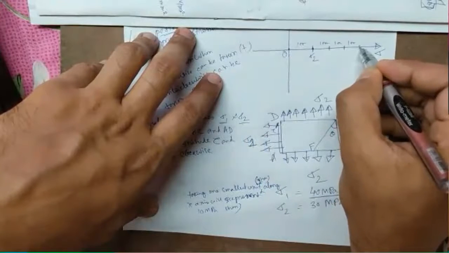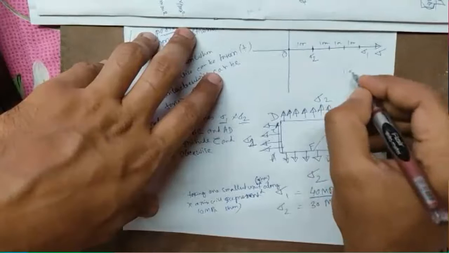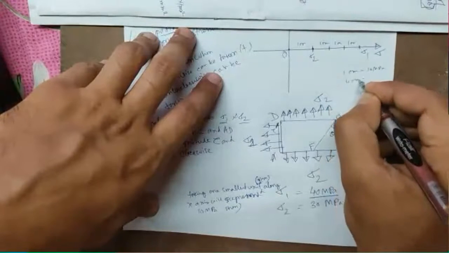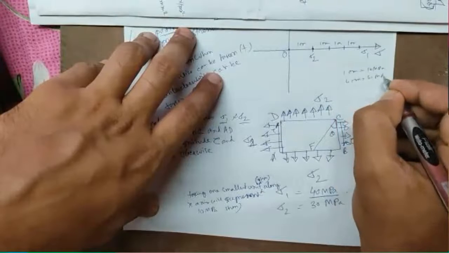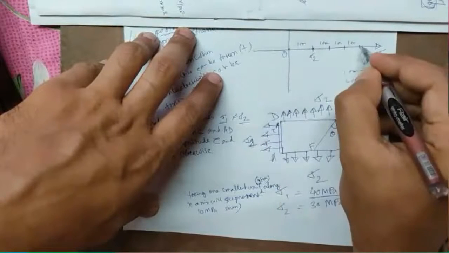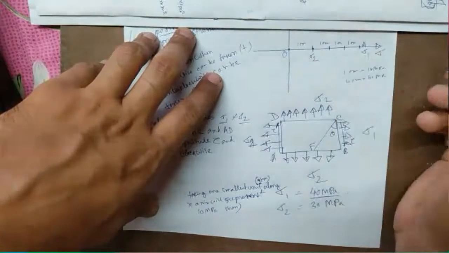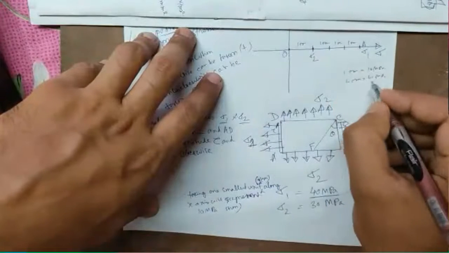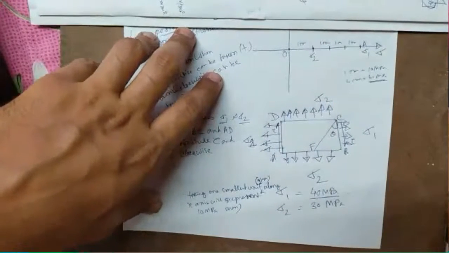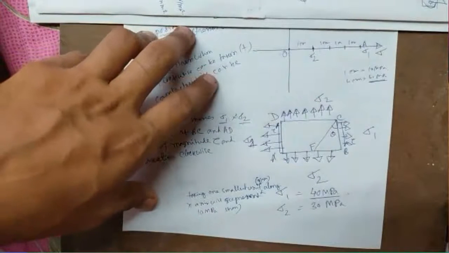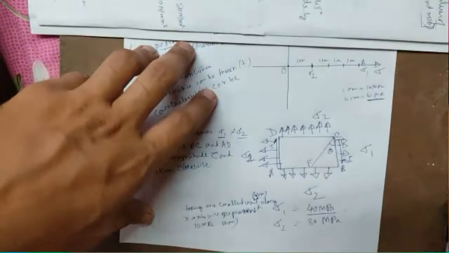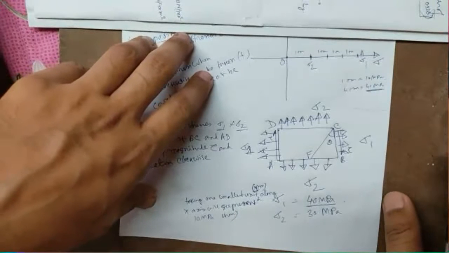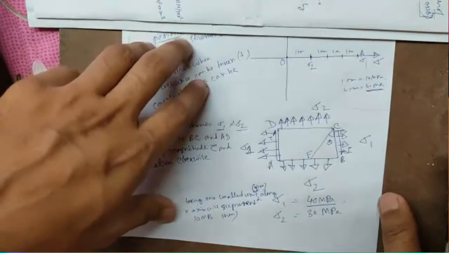We will write 1 centimeter means 10 MPa, then 4 centimeter means 40 MPa. So this OA will be representing 4 centimeter, that will be representing 40 MPa stress. Okay, have you got my point? Give me a reply if you can understand or if you are having any problem.